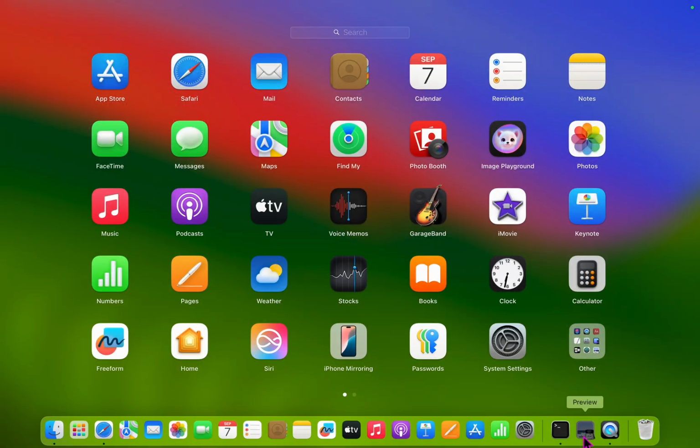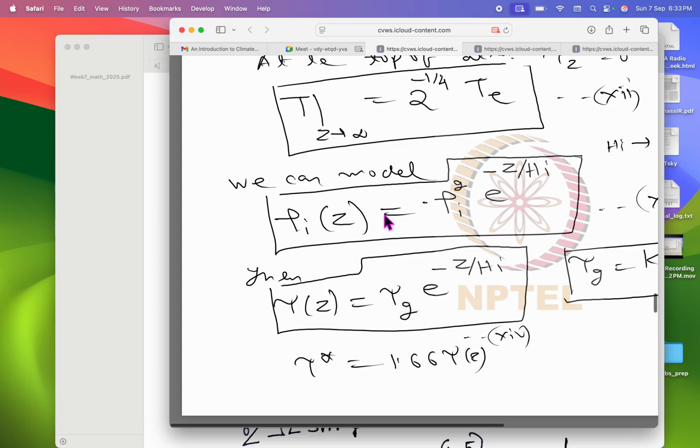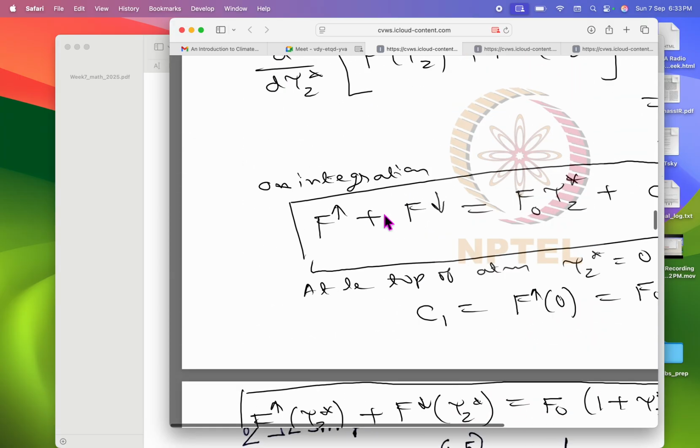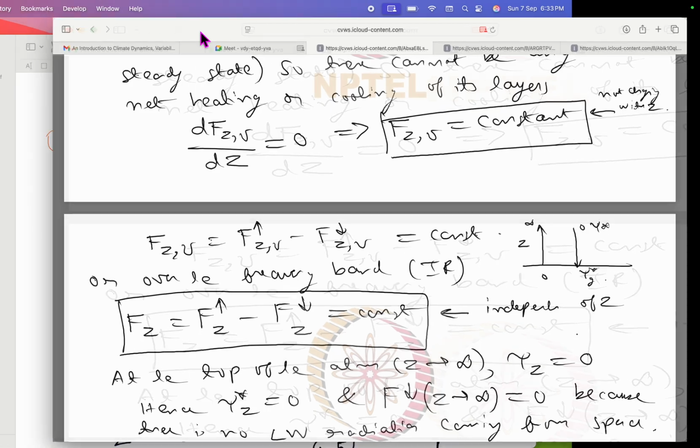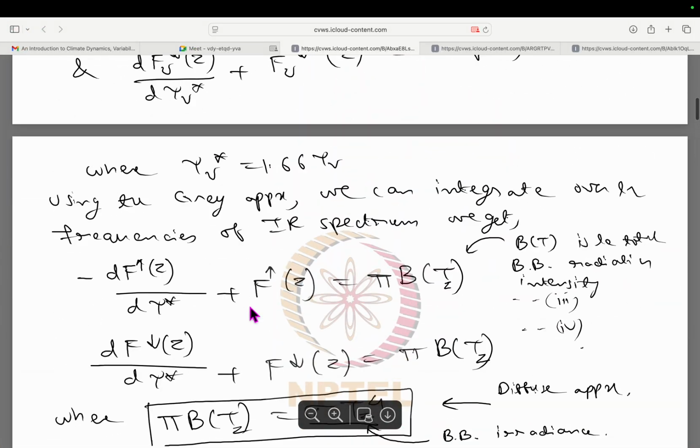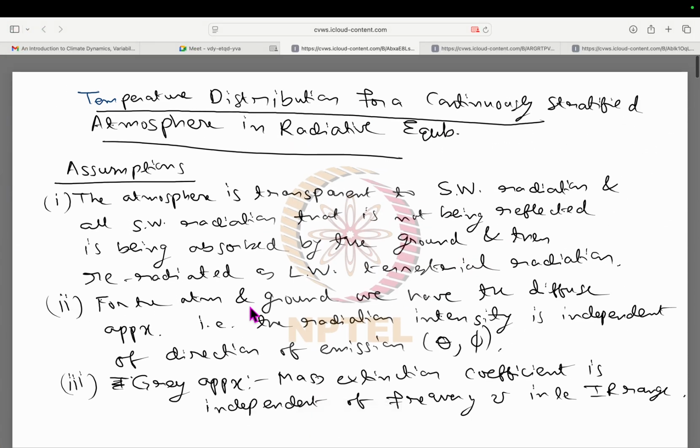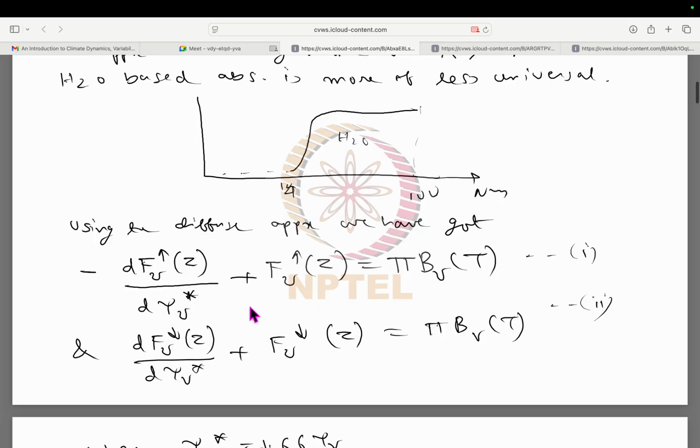And this is the model we are starting with. So these two equations are written for how the upward flux changes, which has a dependence on the Planck function, you can see.